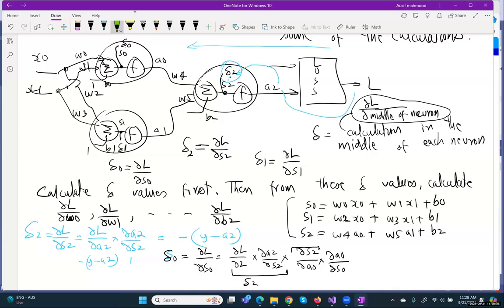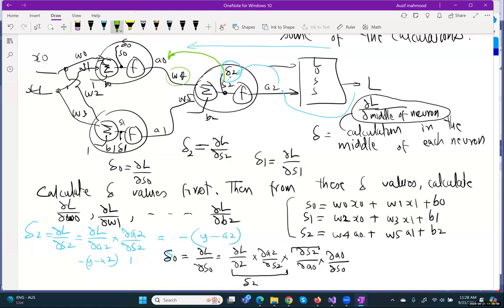As we are going from S2 to A0, what is the weight that is connecting those two? W4, right? You can even go to the equation. Partial S2 over partial A0 is W4.